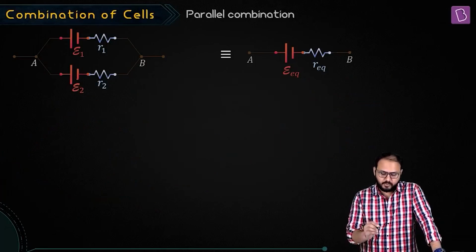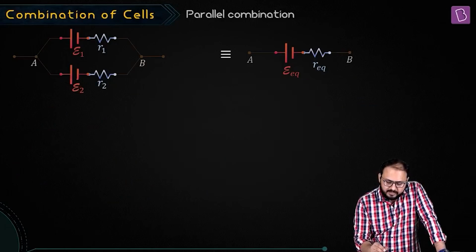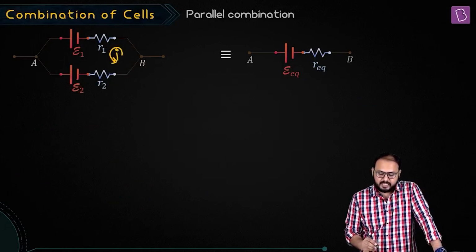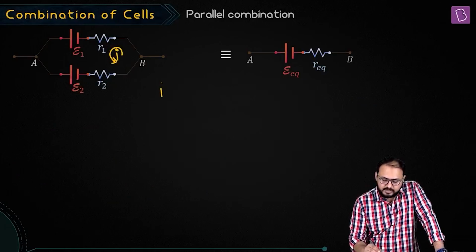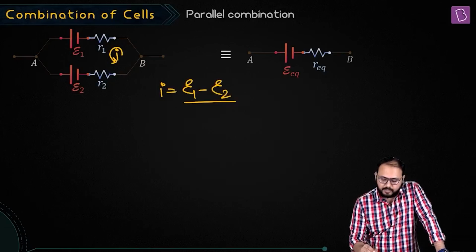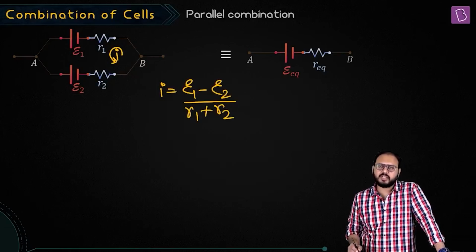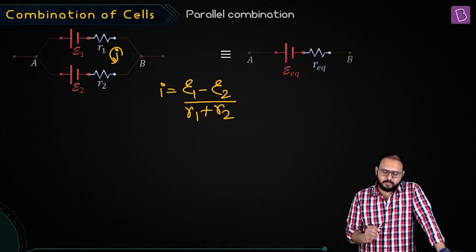Right? Right, sir. Okay. So now I have the value of the current, and we assumed I clockwise, and that I value has been given to us as E1 minus E2 upon R1 plus R2. Do you realize that if E1 is more than E2, your I value is positive, that means your assumption is correct. That means they will take care among themselves.